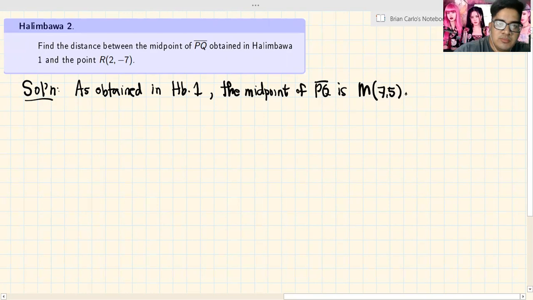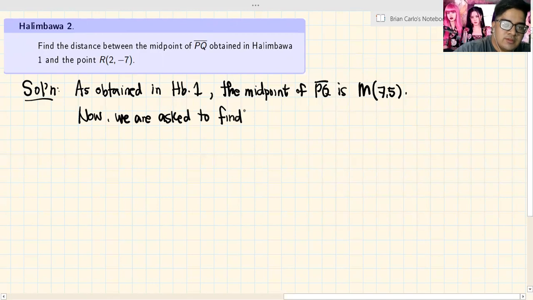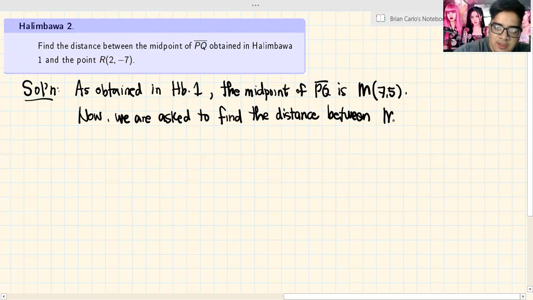Okay? Yun yung midpoint. Now, we are asked to find the distance between segment MR. Tama ba? MR.